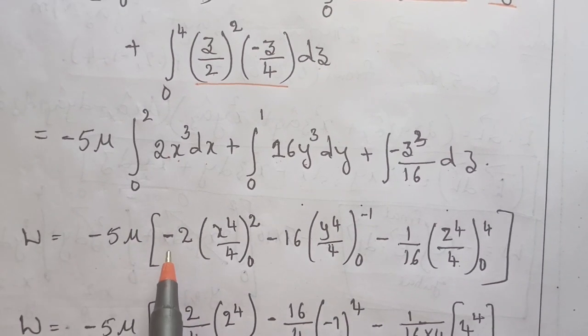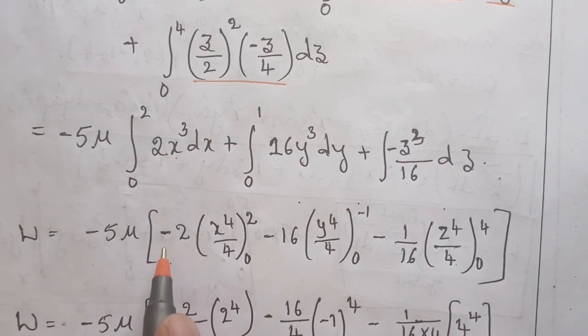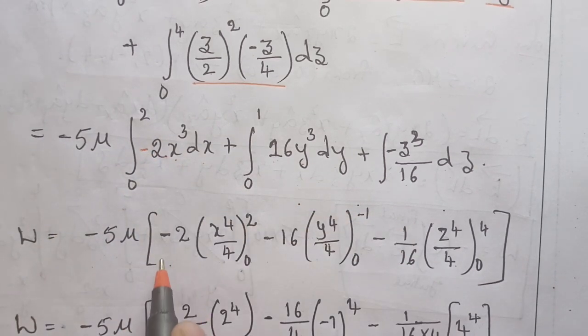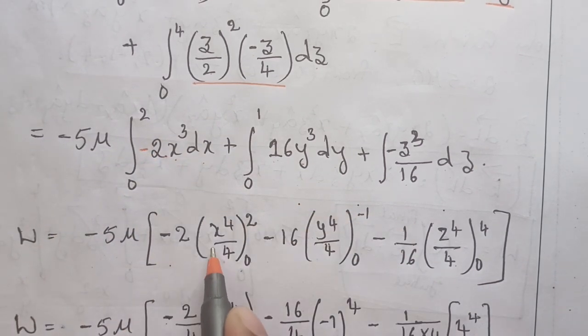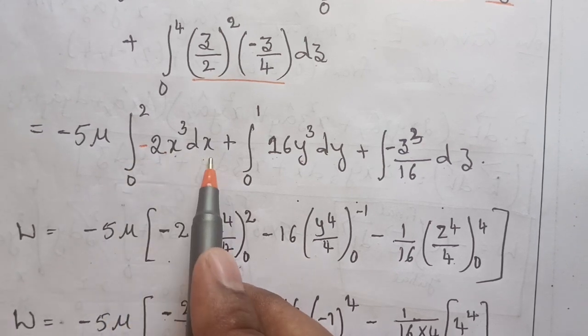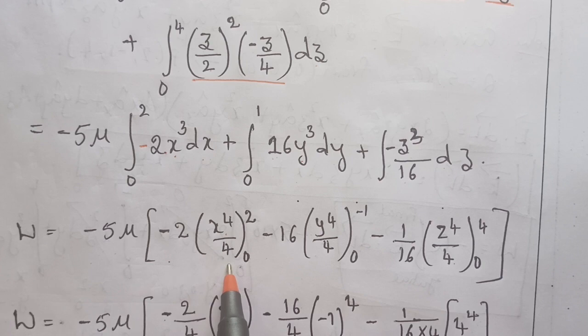That is minus 5 microcoulombs into, in place of 2, I'll write minus 2 here, so that is minus 2 into x power 3. Integration of x power 3 with respect to x is x power 4 by 4 with the limit 0 to 2.